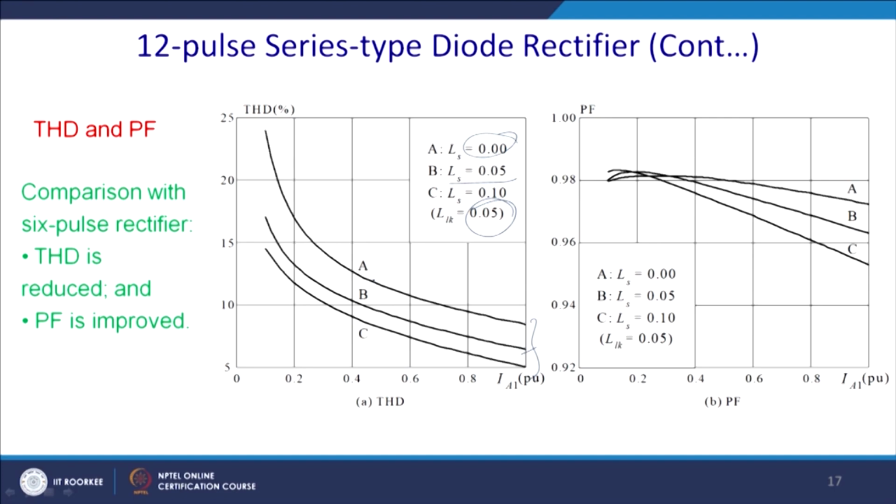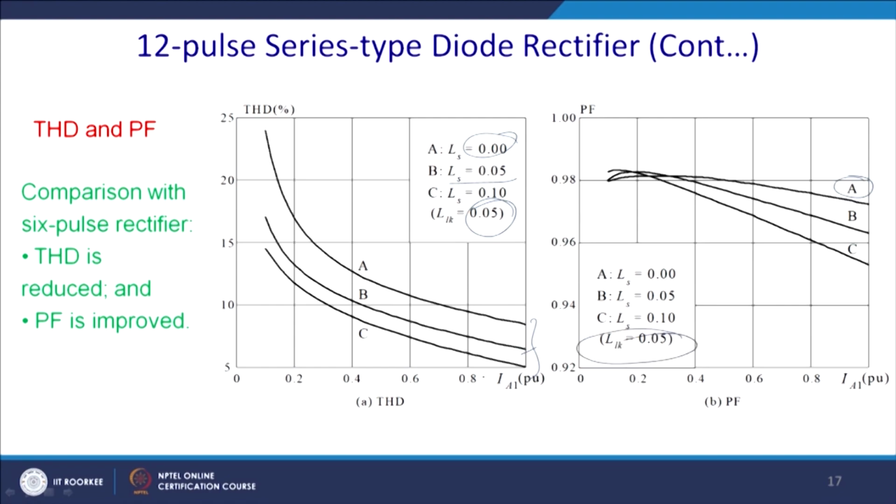Similarly, there is a leakage reactance of 0.5%, because it is generally present here because of the transformer. If you load it, there will be a little drop because of the leakage reactance; that is quite normal.